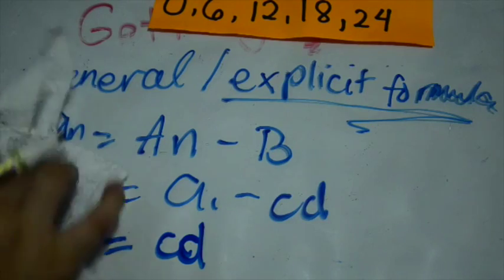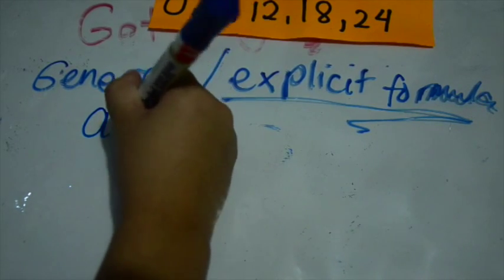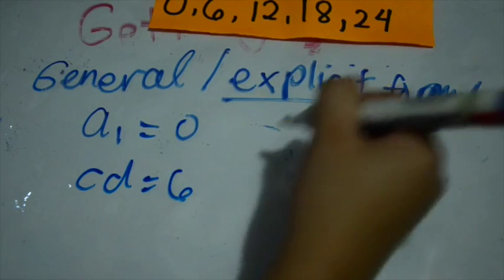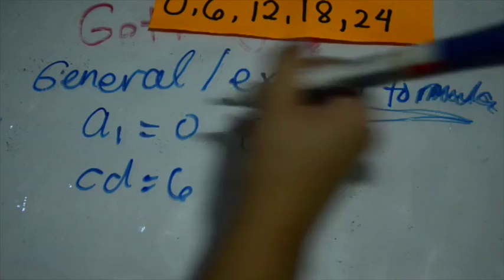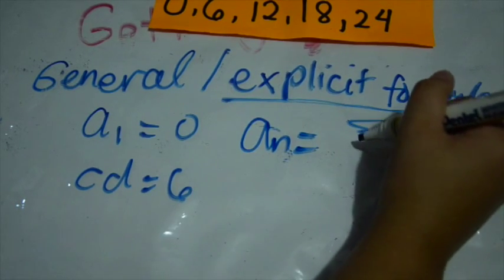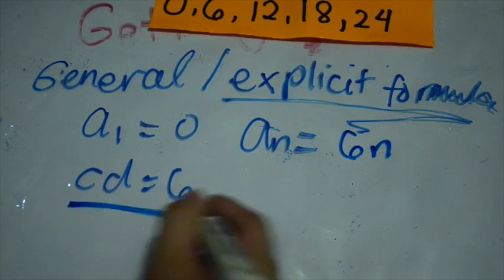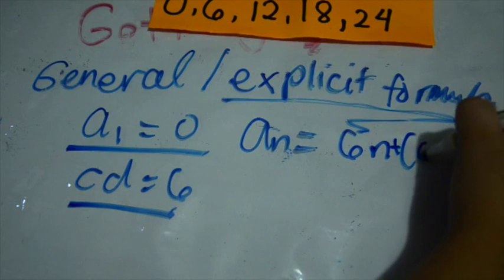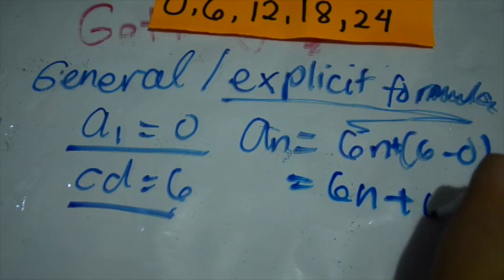Now, using this example, you can assume that our a sub 1 is equal to 0 and the common difference is equal to 6. Therefore, your a sub n is equal to the first term plus the common difference times n, then minus the common difference, which is 0 plus 6n minus 6, so 6n minus 6.